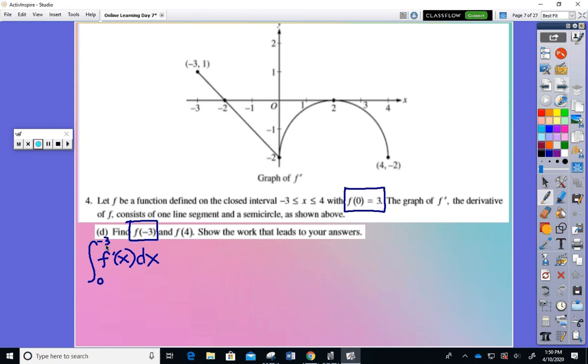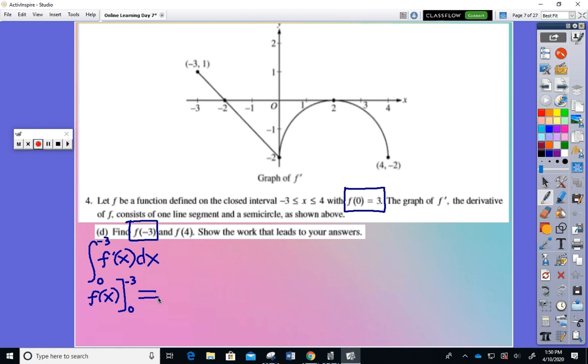So to work the problem at hand, I need to think both geometry and algebra. Algebra-wise, I know that the antiderivative of f prime of x is f of x. And then I need to take that from 0 to negative 3. But I need that to be equal to something. So I've got the algebra side of the problem. I need to use the geometry side of the problem.